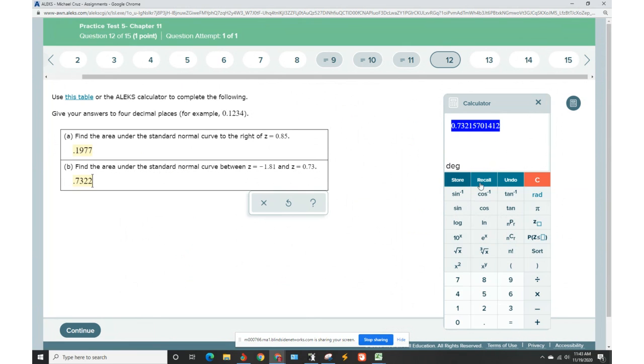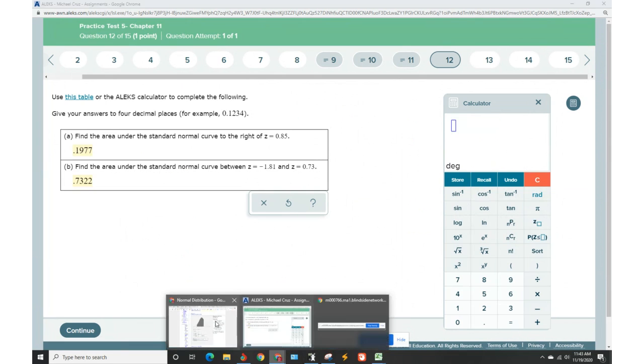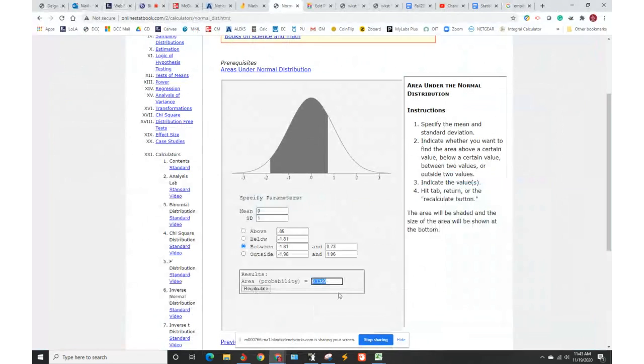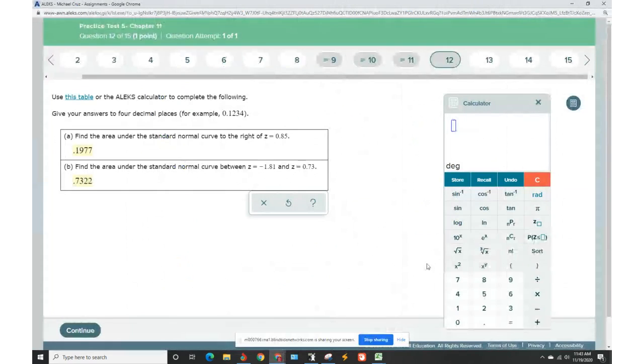All right. So let's go. I'm going to show you another way to do it to double check it. We can go back over and see it on here, but like I said, you don't have access to this for your test. So I'm just using that as a visual teaching tool. So what we're going to do is I'm going to do this one by itself.